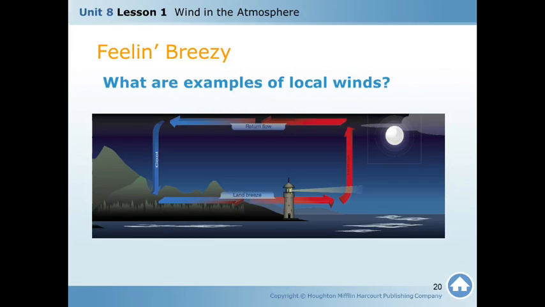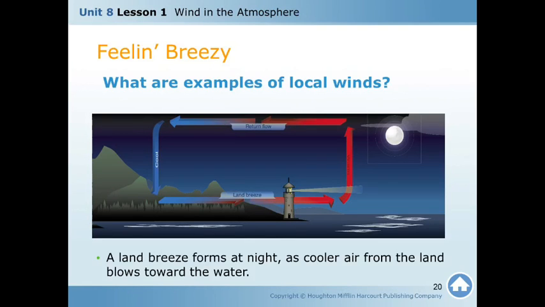The air goes up. It starts to cool off and it comes back down over the land. And it's still the cooler air goes towards the warmer. So that air is rushing out to sea now. So the wind shifted. So at night, now the wind is blowing from land to water. So it's the exact opposite.